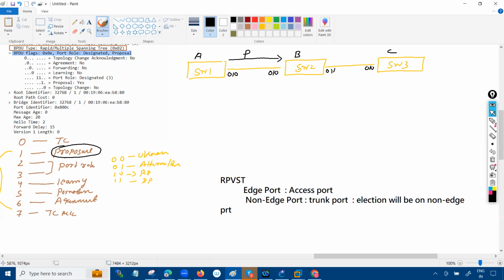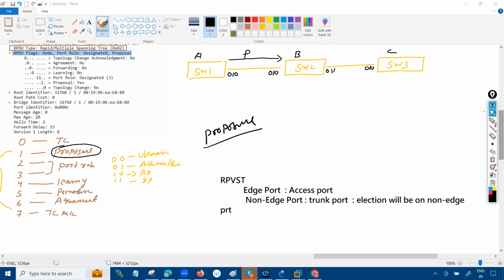When switch B, or switch 2, receives this proposal, what will it do? Proposal means: I'm proposing to you.